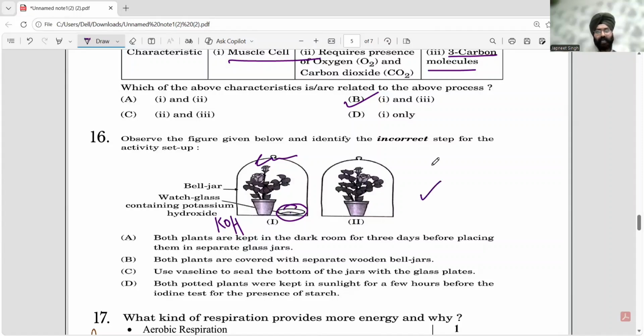Both the plants are kept in the dark room for 3 days before placing them in separate glass jars. Yes, okay. Both plants are covered with separate wooden bell jars. They are not covered with wooden bell jars, right? They are simply covered with bell jar, but not with wooden bell jars. Use Vaseline to seal the bottom of jars. Yes, this is correct. So we just have to select the wrong option. B is correct.